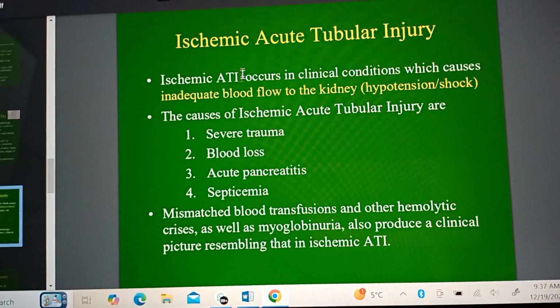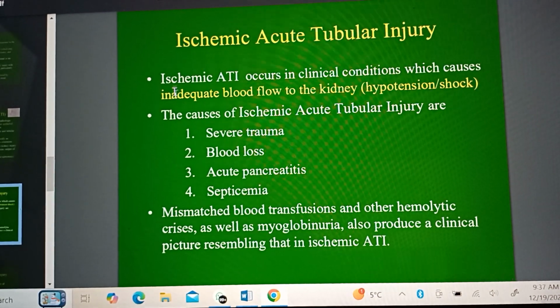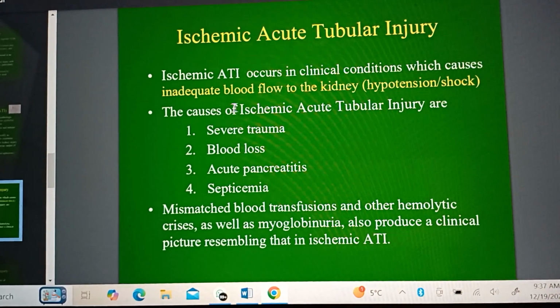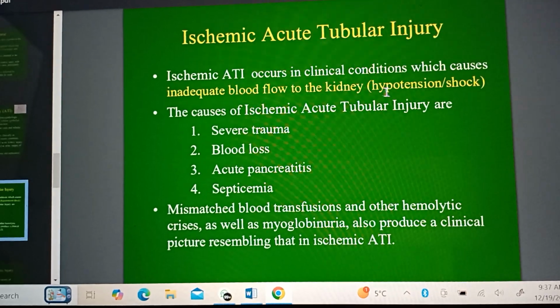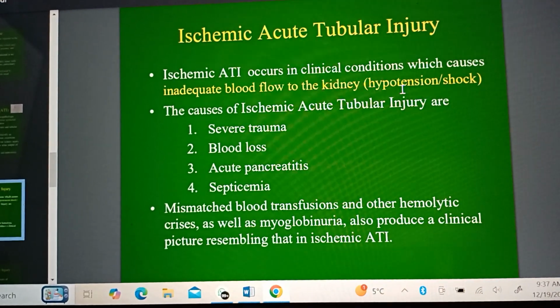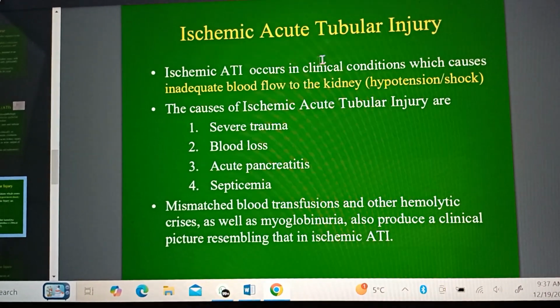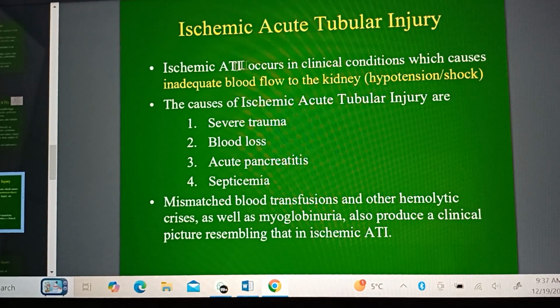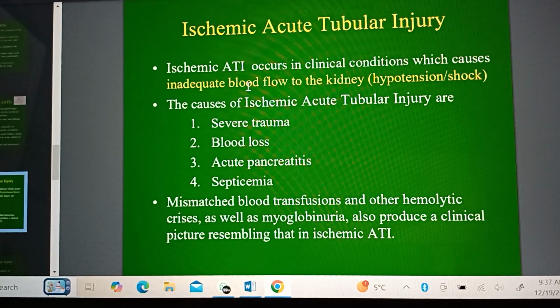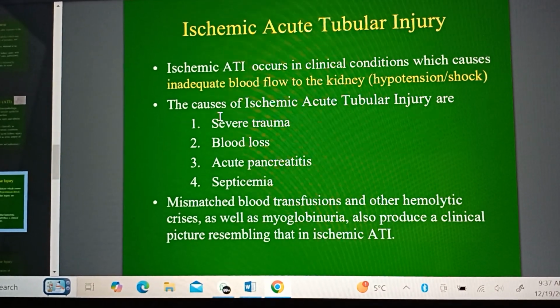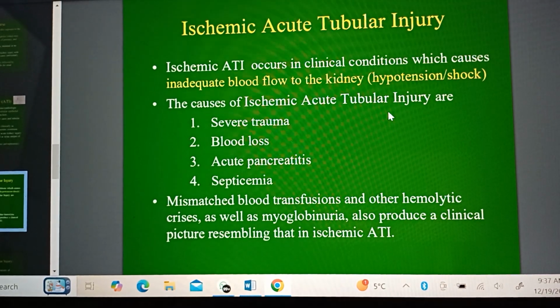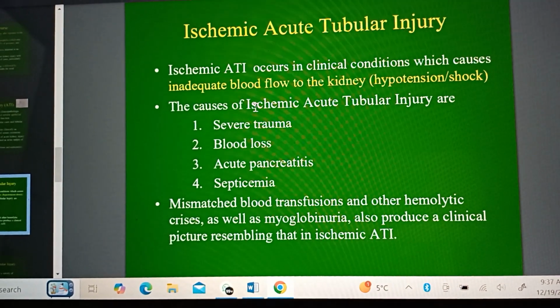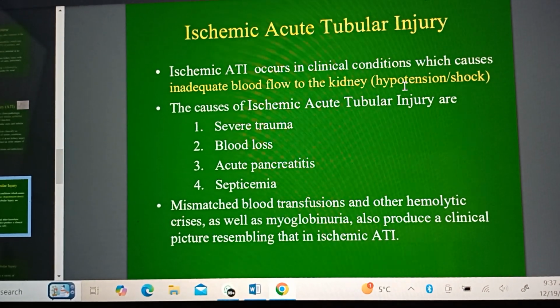So you have learnt in heart attack and stroke, ischemia is whenever there is inadequate blood supply. In the kidney, when the blood pressure is low, hypotension, when the patient is in shock, ischemia, loss of blood supply, can happen. They can ask you what is the cause of ischemic acute tubular injury. Ischemia means loss of blood supply. So one is hypotension, shock.